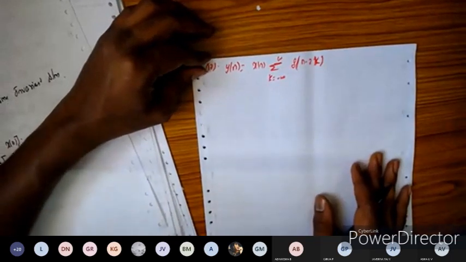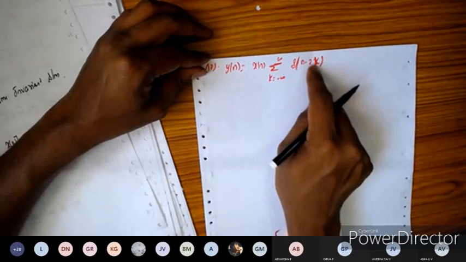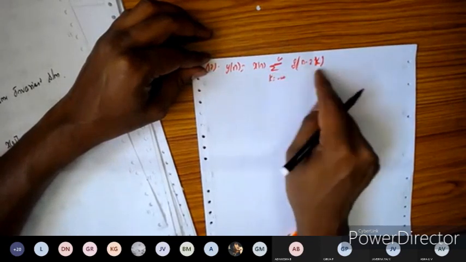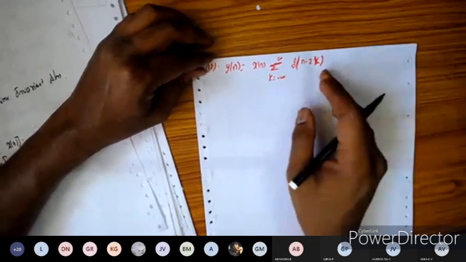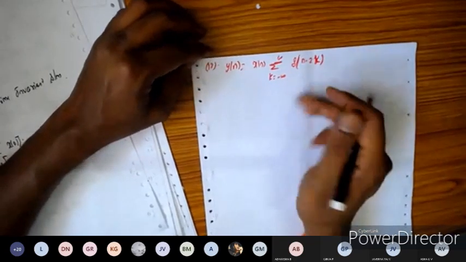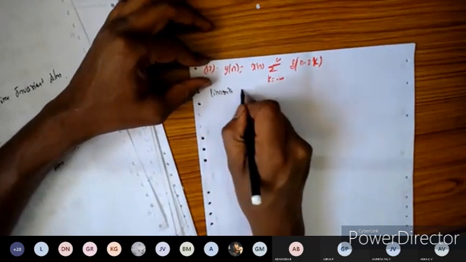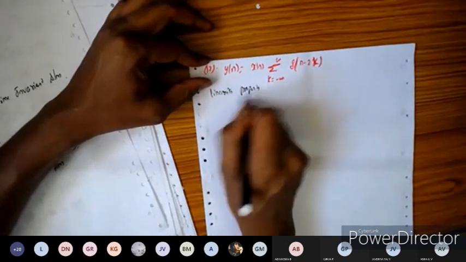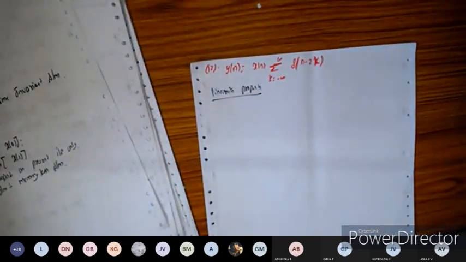Let us verify the properties. It takes the product of x of n with delta of n minus 2k. When n is equal to 0, delta of 0 minus 2k, the product will not exist. So first, let us take the linearity property of this one.